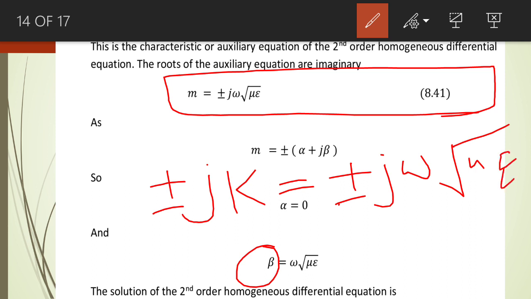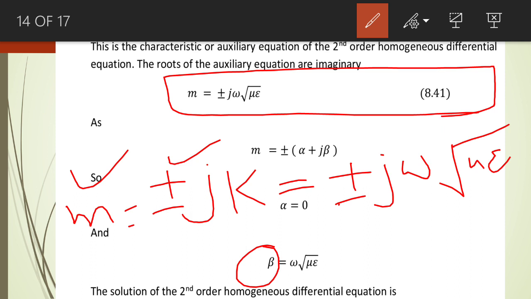This quantity is epsilon, okay? Let me make a correction over here. This quantity is epsilon, okay? So as the roots are imaginary, we will replace m by plus minus jk, and don't consider beta, replace beta by k.